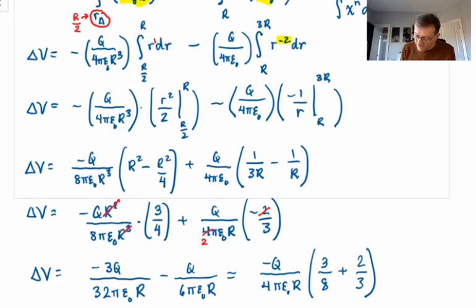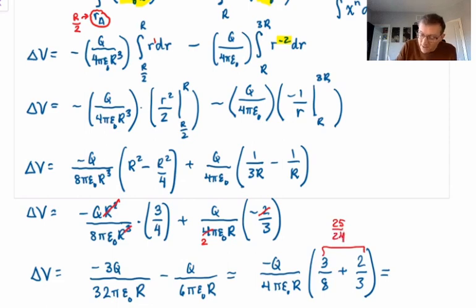I think that's right. Yep, that's right. And you can get a common denominator there. And when you do that, the quantity in the parentheses becomes 25 over 24.